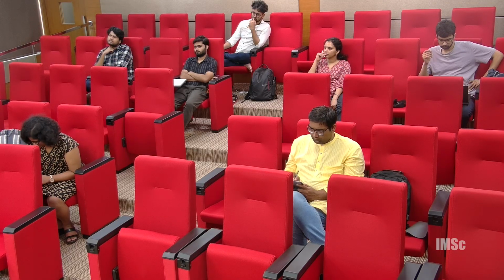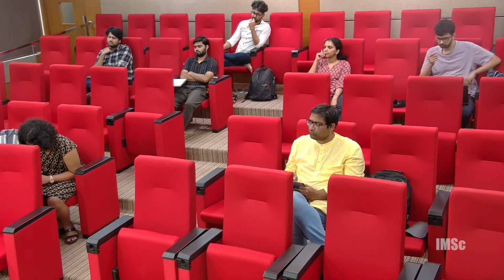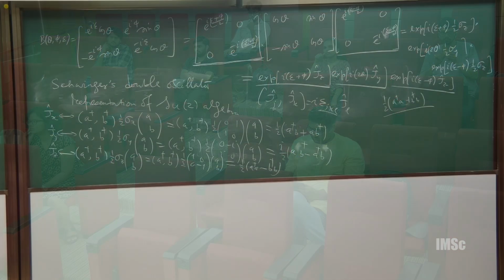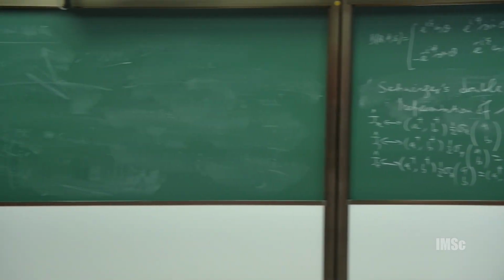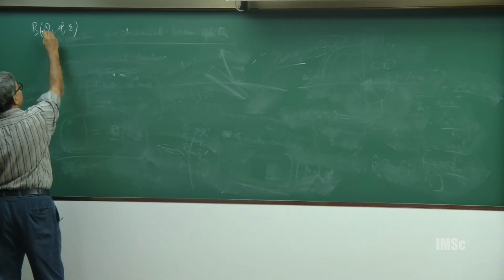Right. So for our purpose, let us come back again to the beam splitter matrix. Epsilon and phi are two phases, and theta is the angle.